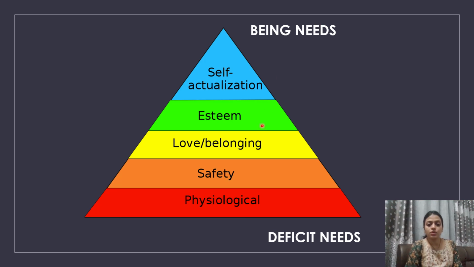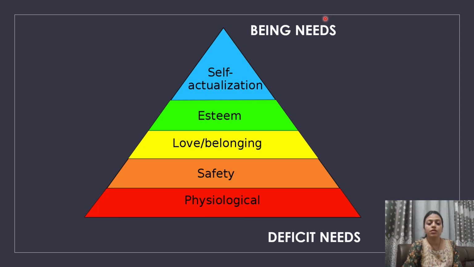Love and belonging: you have that desire to belong to various groups, to have friends, to belong to religious groups, to have family, gangs, etc. So we need to be loved or accepted by others. Then the esteem needs: there are two types.